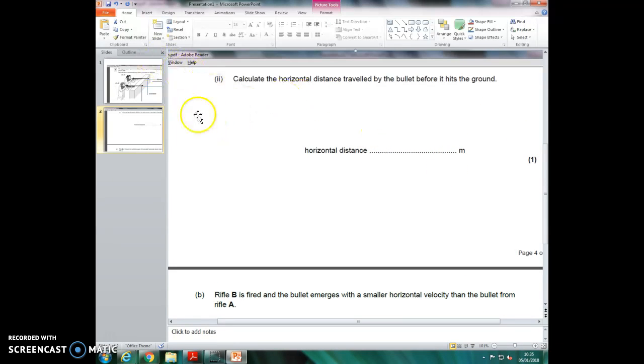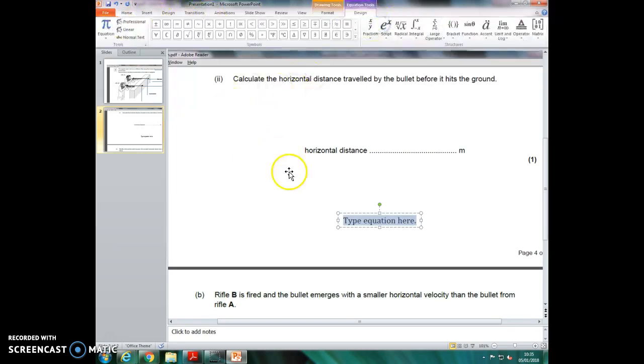Alright, so now we know that it's going horizontally, and we're just using the standard equations for constant velocity. So we know that the velocity, in this case horizontally, is displacement over time.